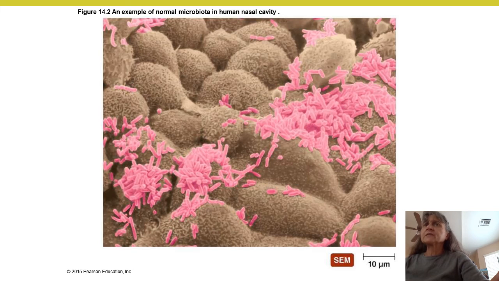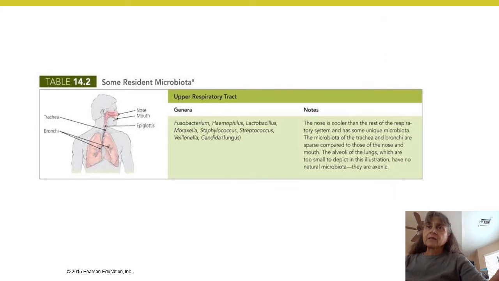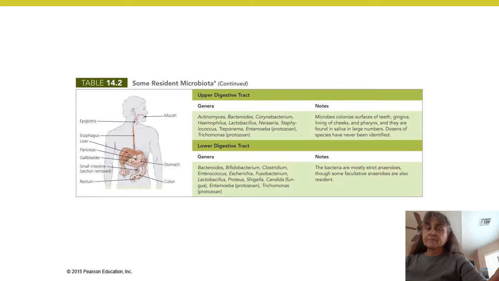Again, as promised, this is an image of normal microbiota in your nasal cavities. So the pink is the microbiota, which is the bacteria, and the fuzzy part is your nasal cavity. These are some resident microbes found in your upper respiratory tract. You can look at that, and also some notes related to that.